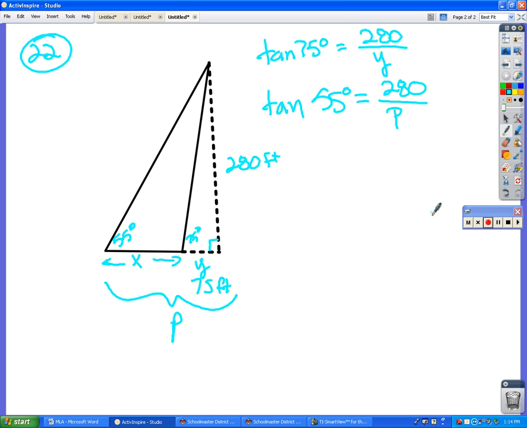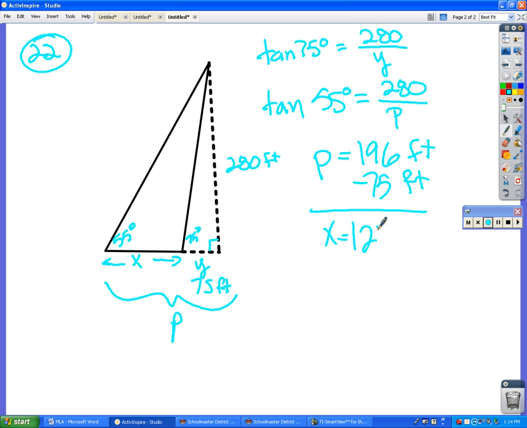Do you remember what you got for P, Hannah? Okay, so the whole side there is 196 feet. This little piece right here is 75 feet. So how do I figure out what that one is right there? Subtract them: minus 75 feet. And that tells me that x equals 121.